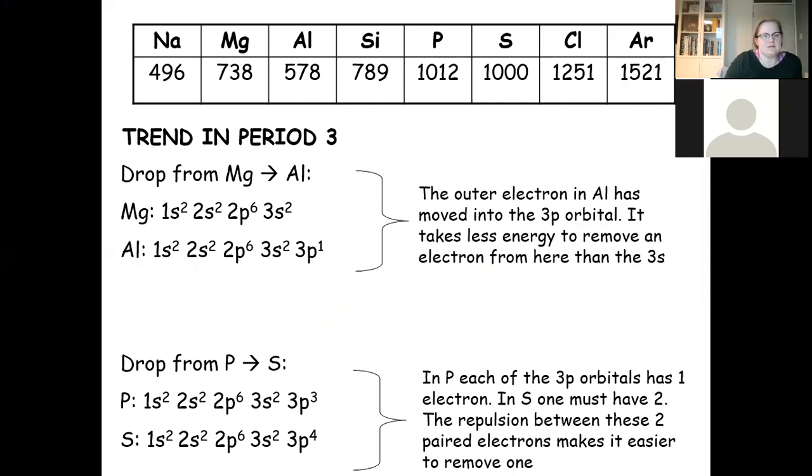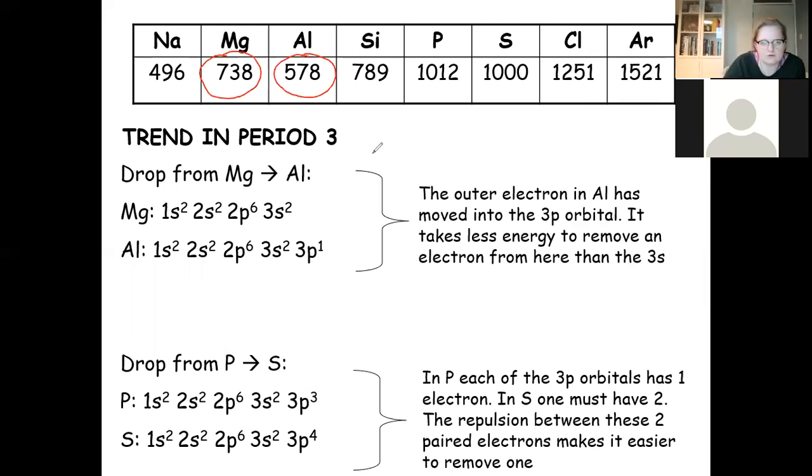So our trends in period 3, very similar to when we were talking about period 2, we have this drop in ionisation energy from magnesium to aluminium. So why do we have a drop between magnesium and aluminium? We call this drop the impact of subshell structures.